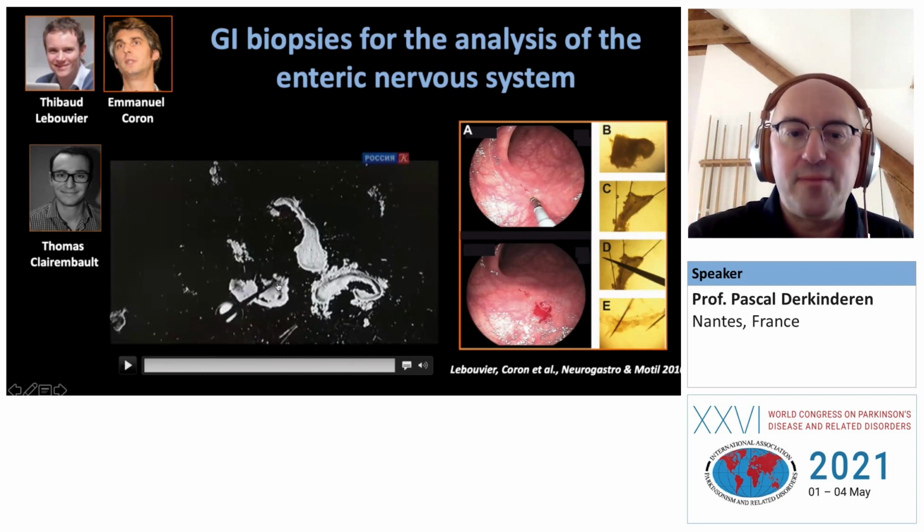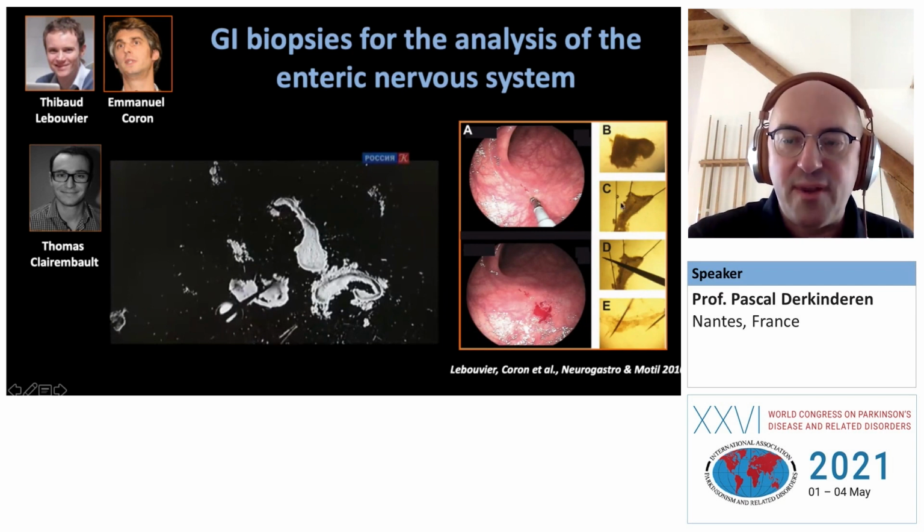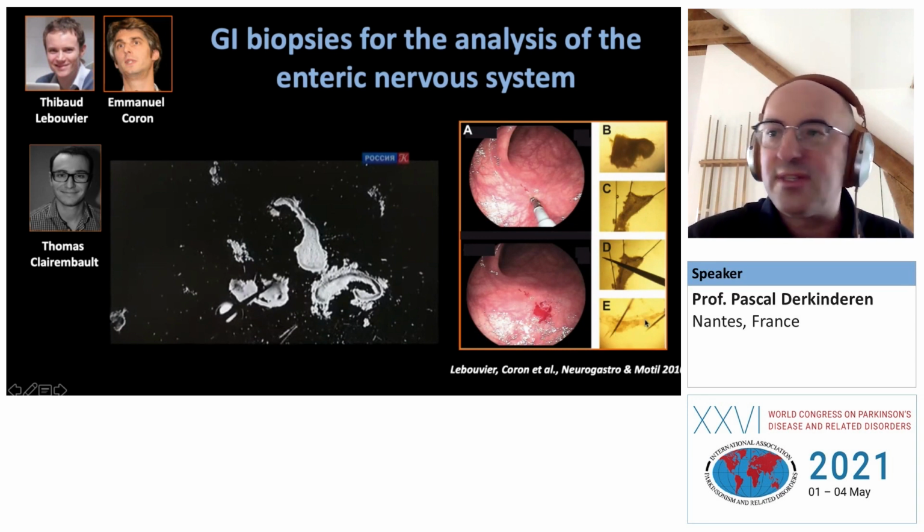The epithelium is peeled off, and then you get access to the submucosal plexus. You see it's peeled off with watchmaker forceps, and you see this black mesh, this black network. That's the submucosal plexus. That's the inner part of the enteric nervous system.